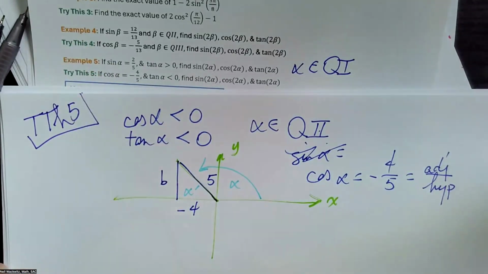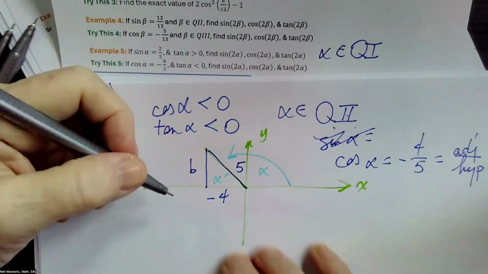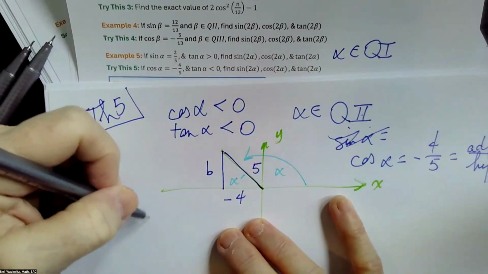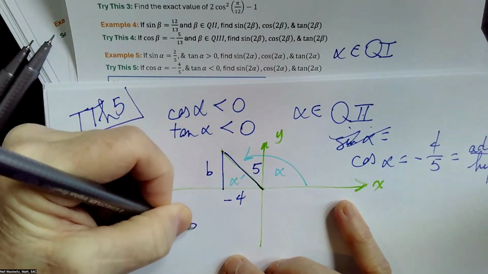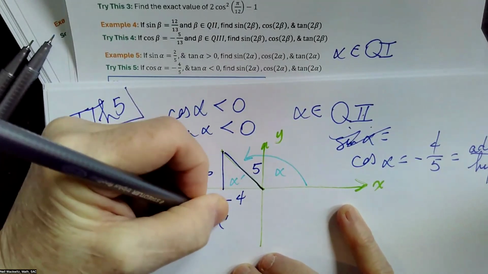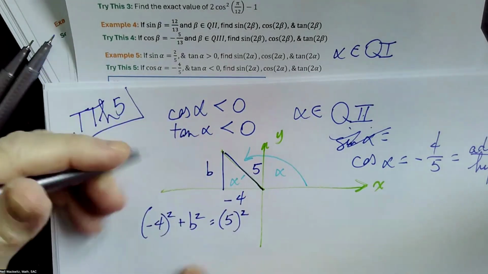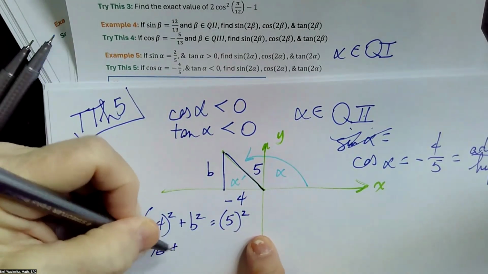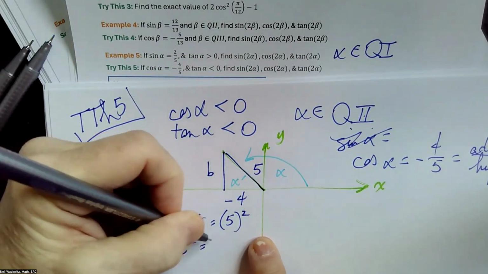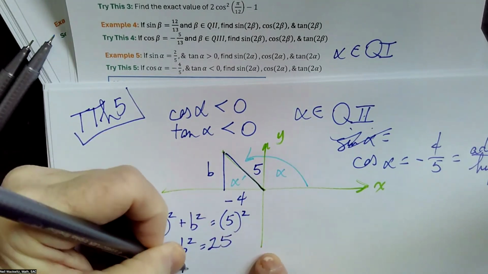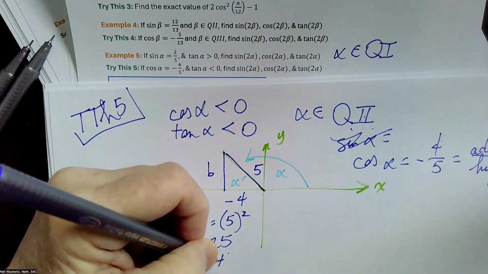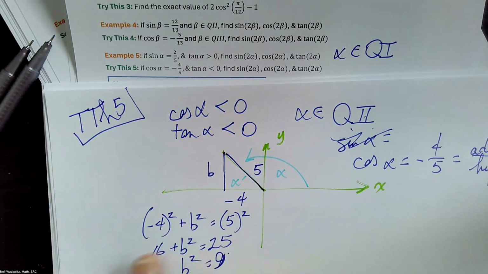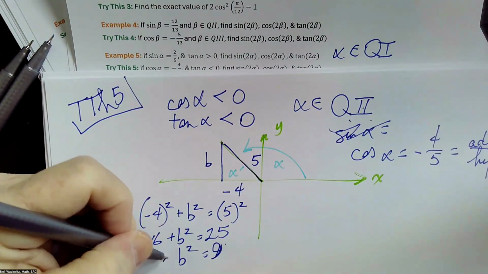To find the B side or the opposite side, we're just going to use the Pythagorean theorem. So we know that -4 squared plus B squared is 5 squared. So 16 plus B squared is 25. That means that B squared is 9, because 25 minus 16 is 9.